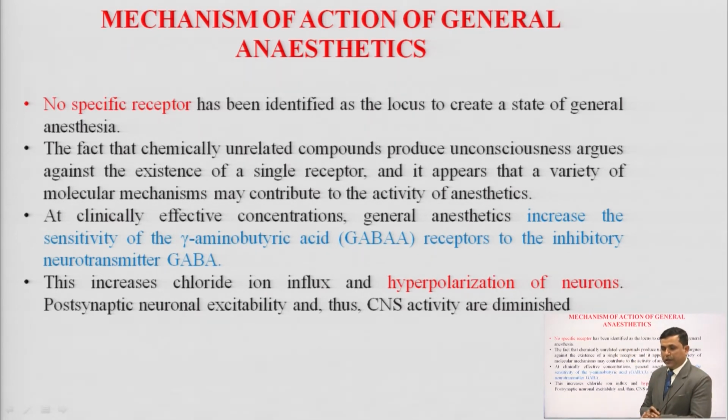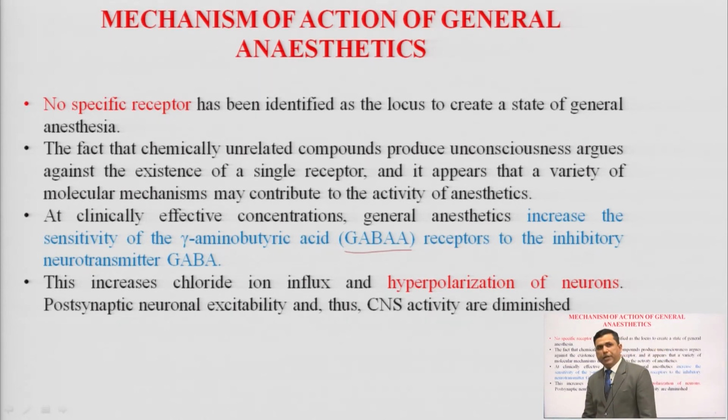At the clinically effective concentration, that means at the effective dose, the general anesthetics increase the sensitivity of the gamma aminobutyric acid, the GABA receptor, the inhibitory neurotransmitter. So, it acts at the GABA receptors. I will discuss the mechanism of action in the next slide.